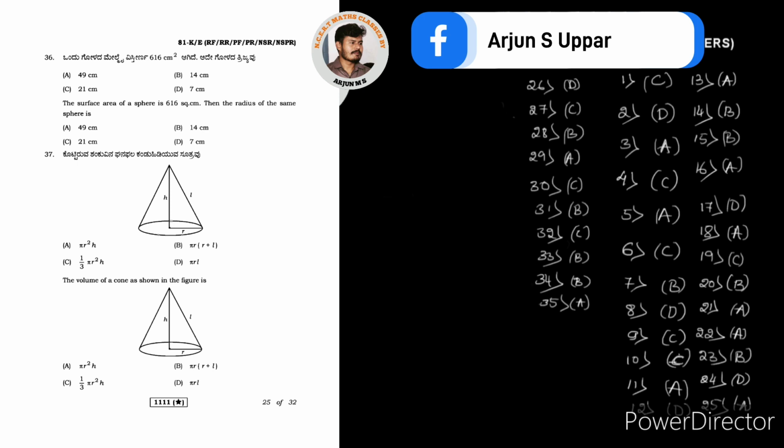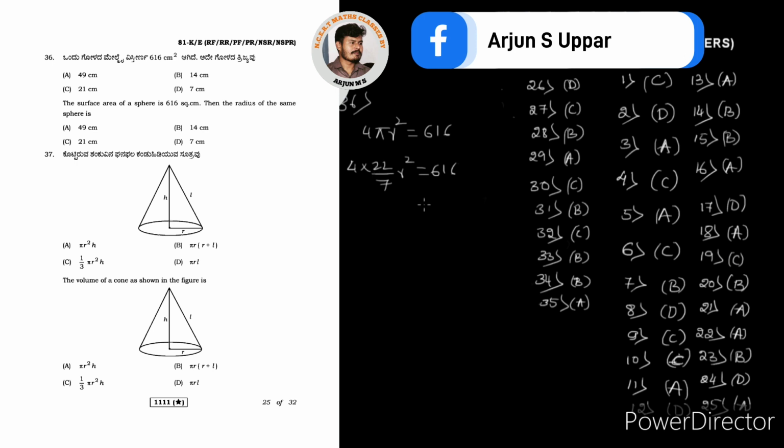36th question. In that question they are given the surface area of this sphere is 616, that means 4 pi r square is equal to 616. We have to find out the radius of the same sphere. Now 4 into 22 by 7 r square is equal to 616.